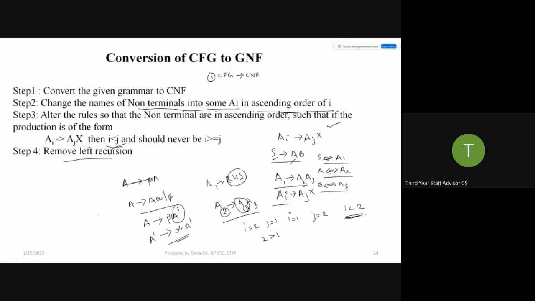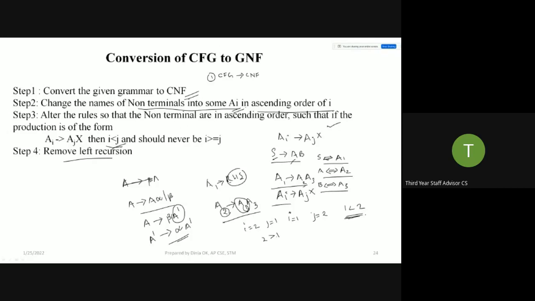So this is how we are converting CFG to GNF. First, we have to convert the CFG to CNF, that is, confirm that the given grammar is in Chomsky normal form. After that, if it is in Chomsky normal form, we can arrange the non-terminals in ascending order and name them in the Ai form.